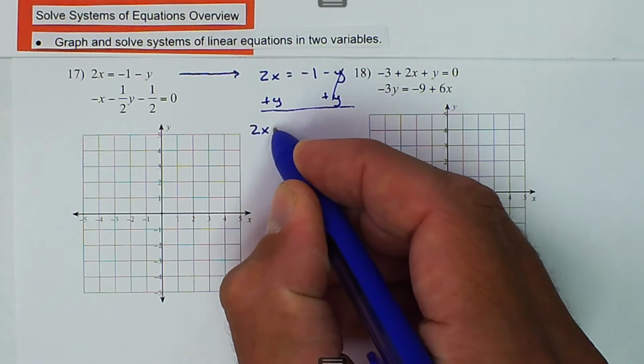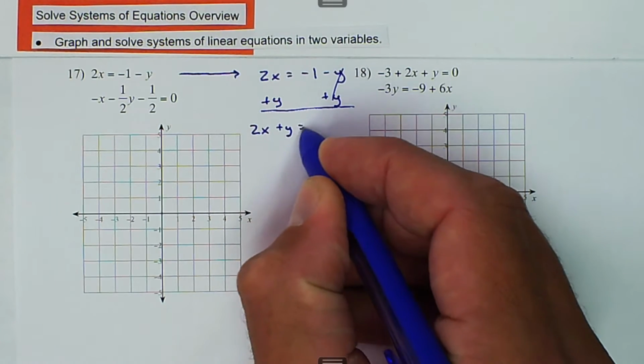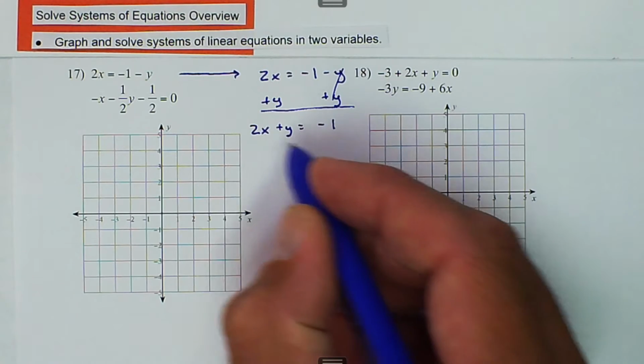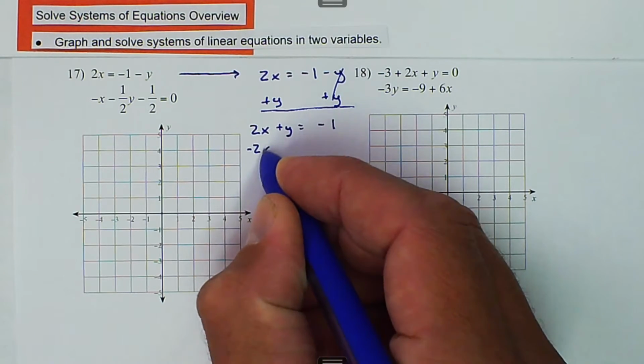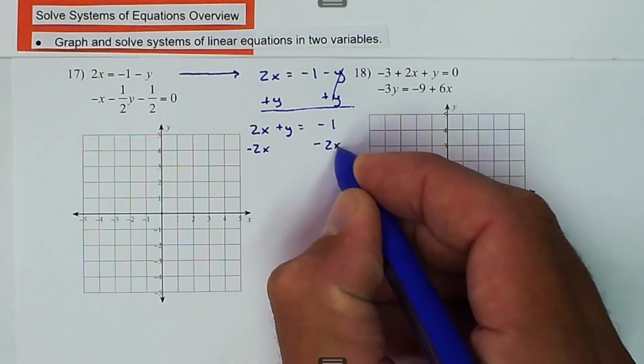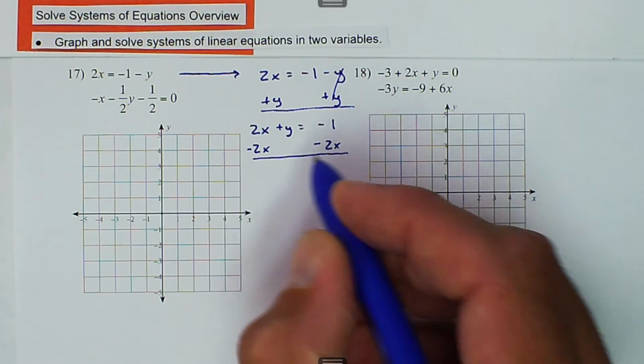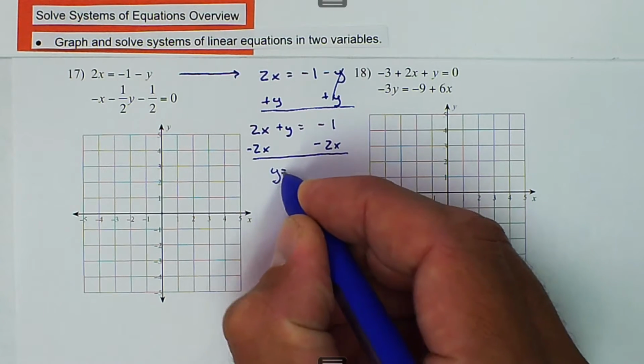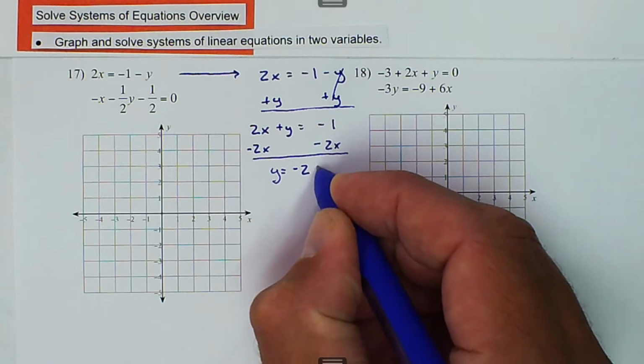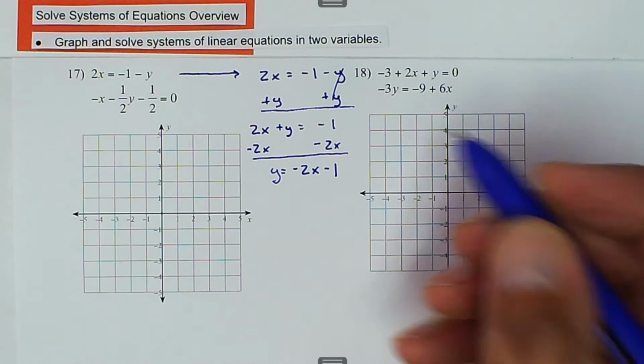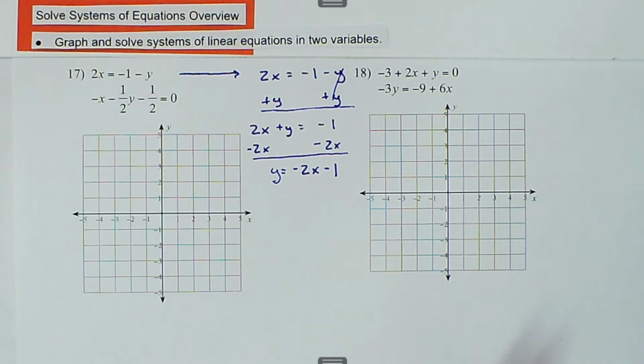So this is 2x plus y is equal to -1. And then we want to subtract 2x from both sides. And then we get y equals -2x minus 1. So that is now in a form that we can graph.